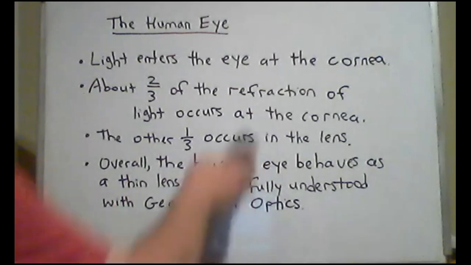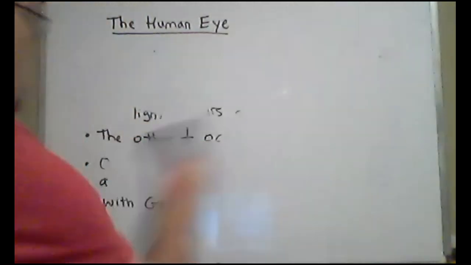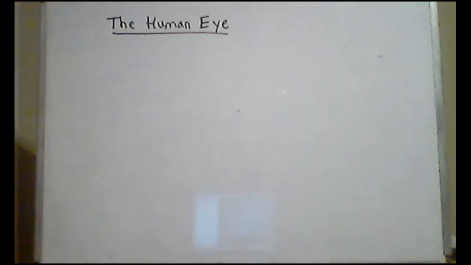But effectively, all of the regions of the eye have indices of refraction. But like I say, almost all the refraction occurs at the beginning of the eye.